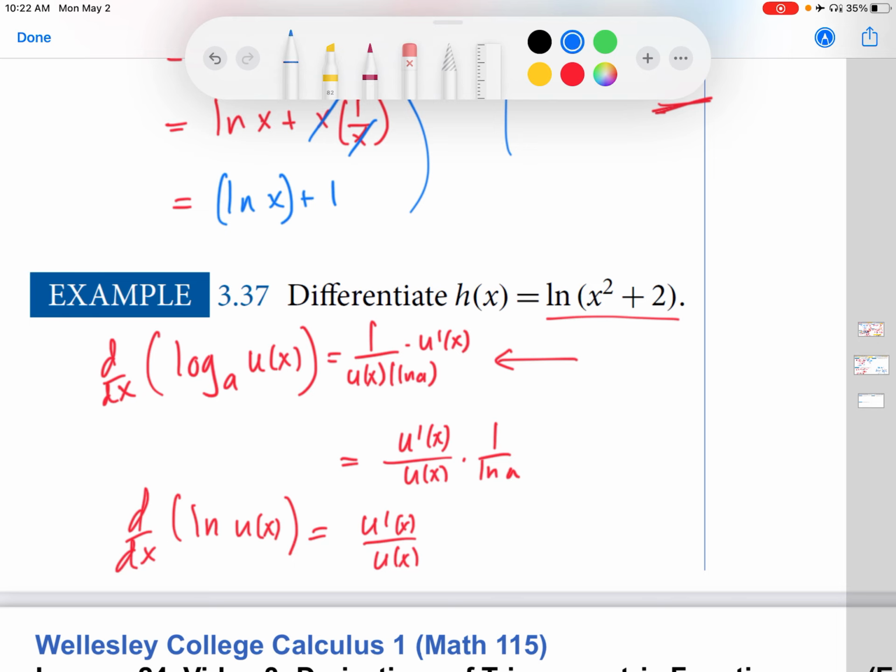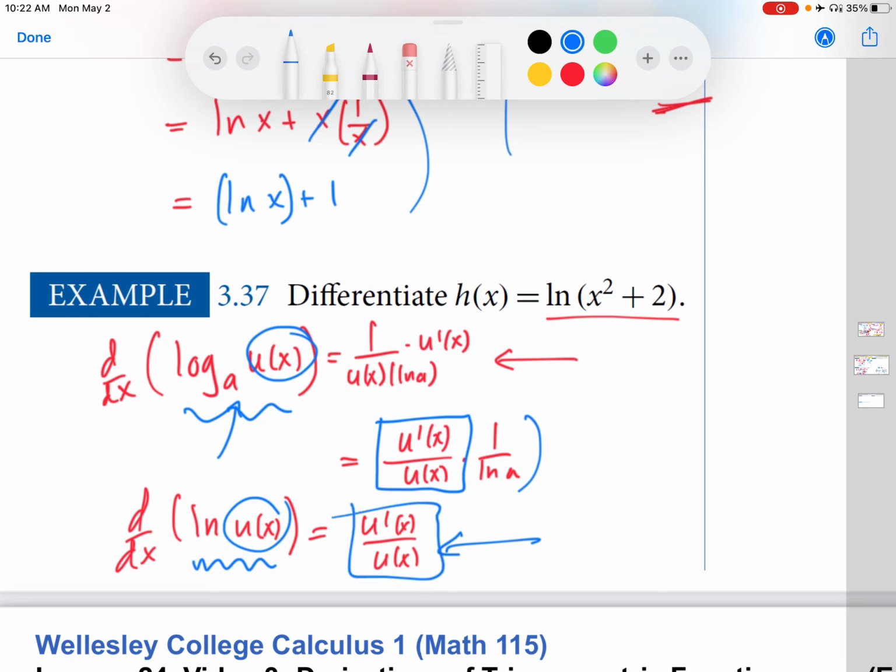So this is really the insight that when I differentiate the natural log or the log of a function, what I end up getting is u prime over u, the derivative of the function over the function. It might be multiplied by 1 over ln of a if the base a is not e, or it might not, if the base a is e.